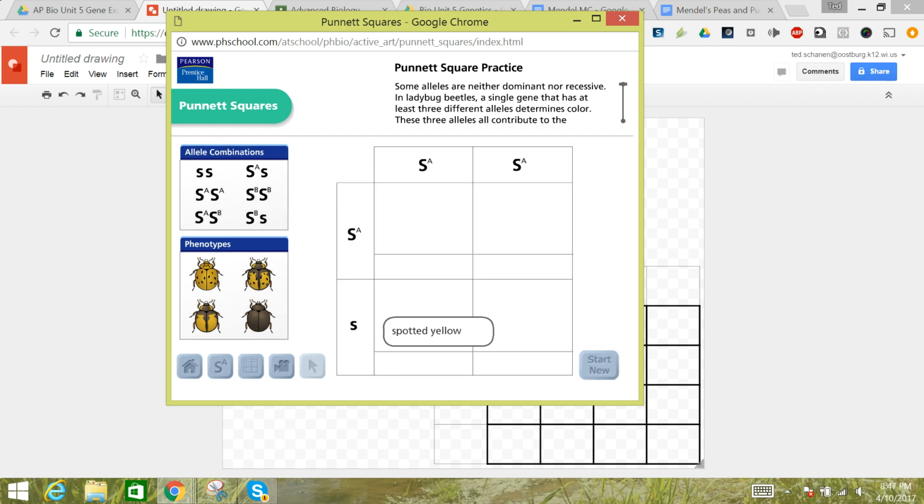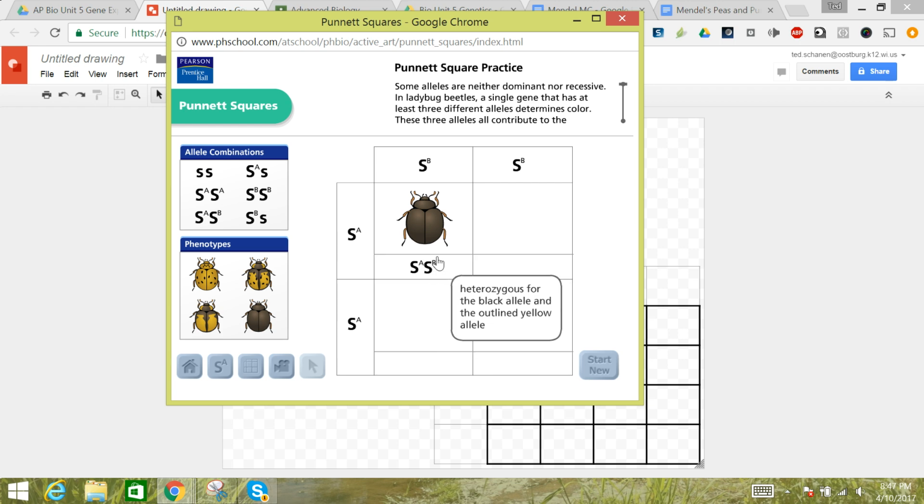And that's that. So in this case, we've got heterozygous black and outlined yellow. So it's going to be like that, but ultimately it's going to be like that. Because even though it's heterozygous, the black is still what actually is seen in the phenotype.